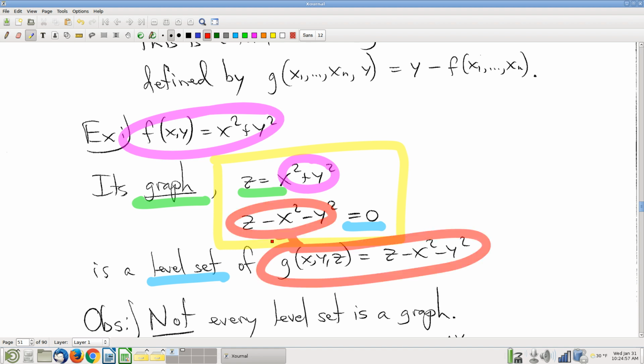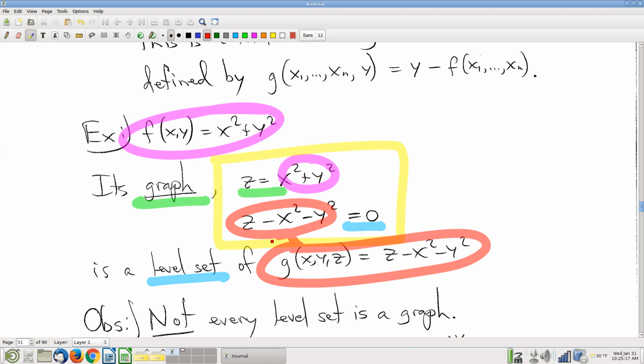I thought that the level set would be in a different dimension than the graph. No, the level set. So these are two different functions. It is confusing because if you take one function, the graph lives in one world, level sets live in a different world. You're right. So we're kind of doing it the other way.